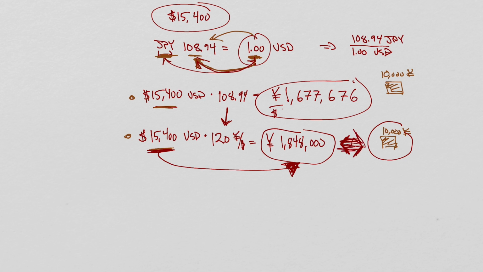And so I always find that counterintuitive. The value of the yen has actually weakened against the dollar, because you can go and buy more stuff. The number we see goes up from 108 yen to 120 yen, but what that means in this case is the value of the yen has weakened.